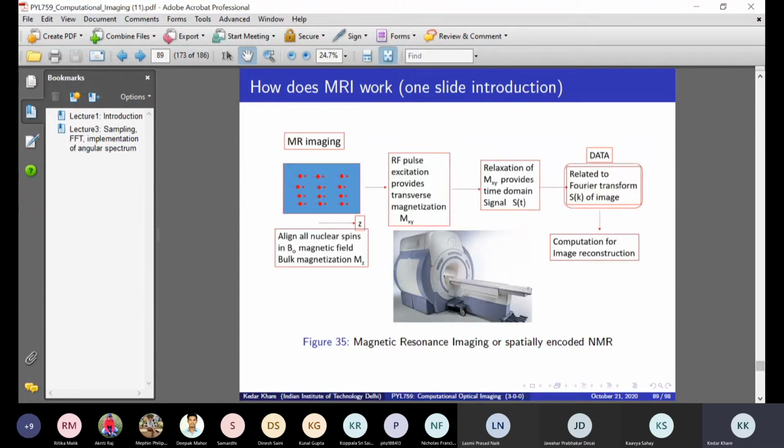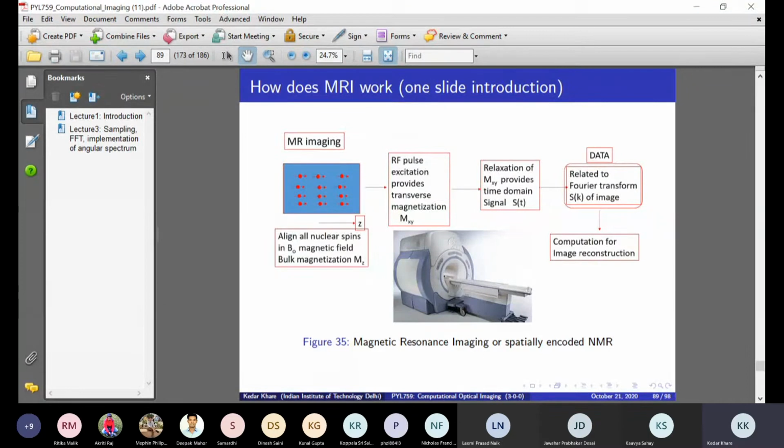So if somebody lies on this MRI scanner table and you put the part of the body that is of interest inside this circle, which is actually a large magnet, you apply an axial magnetic field B0 along the z-axis. The z-axis is along the axis where the patient is lying. If you have a stationary magnetic field, all the magnetic moments in the body, meaning all the hydrogen nuclei, will align to this magnetic field at stable equilibrium.